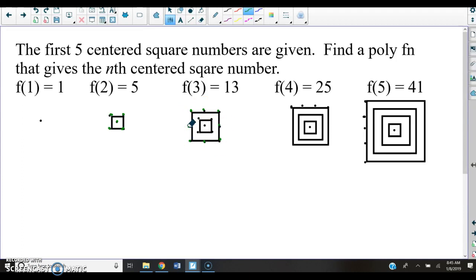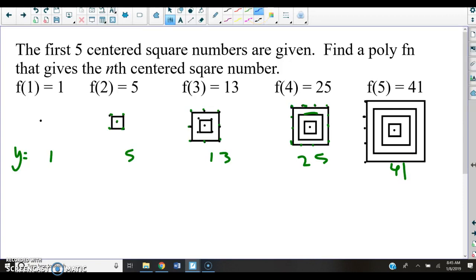Okay? And the fourth one, you got the inside 13, but then you're adding 12 dots. Okay? So here are our first y values. They're 1, 5, 13, 25, 41.